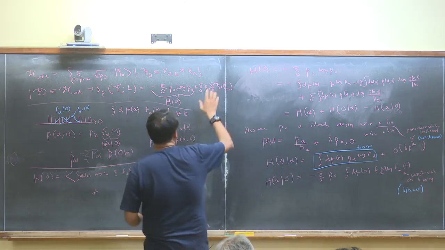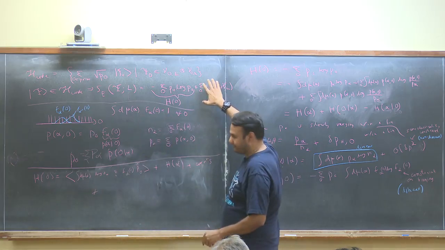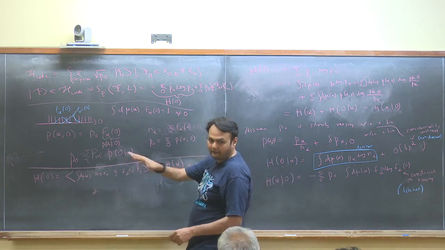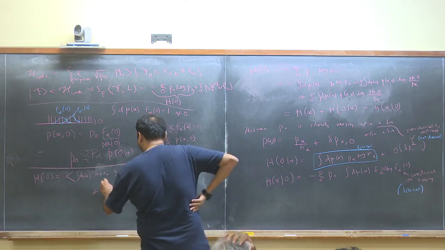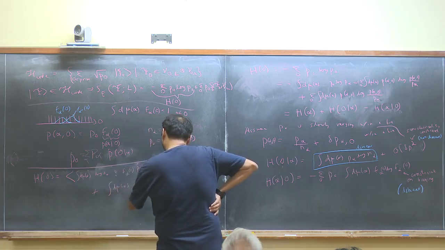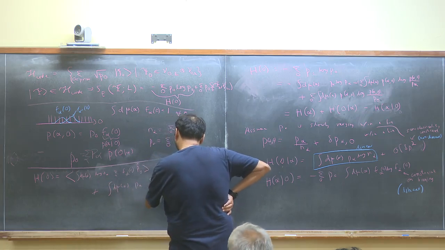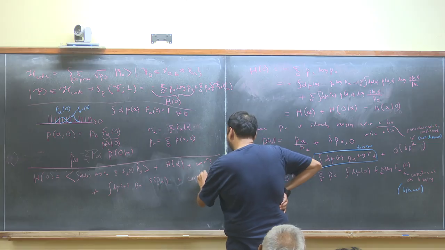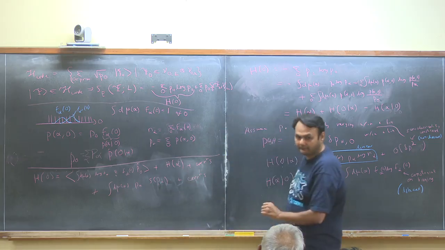Plus, again, you can do a similar analysis here. You demand that the quantum state is slowly varying in O again, and then you get integral d mu alpha p alpha S of rho alpha, plus again corrections, which again have a nonlinear and a linear piece.